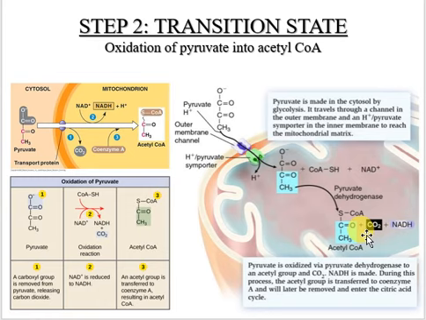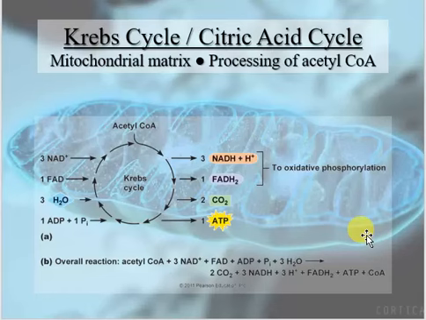Glycolysis and the transition stage are connected via the production of pyruvate. The transition stage is connected with the third stage via the production of acetyl coenzyme A. So acetyl coenzyme A is going to move into the third stage, which is known as the Krebs cycle, or the citric acid cycle.